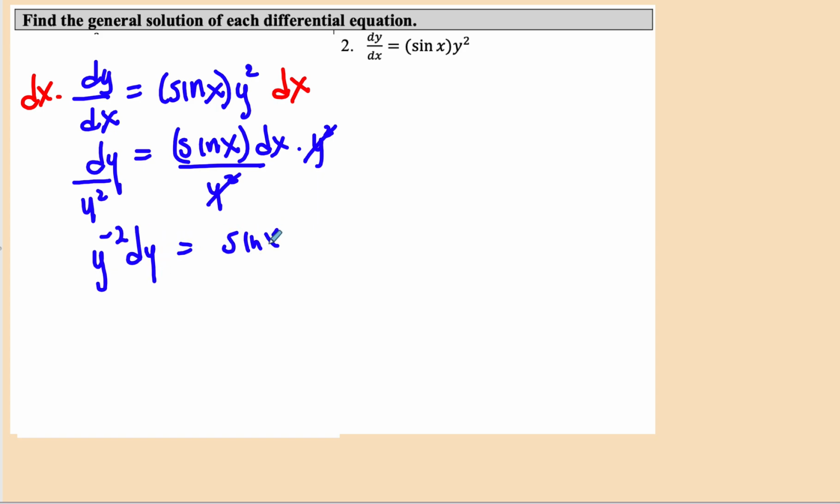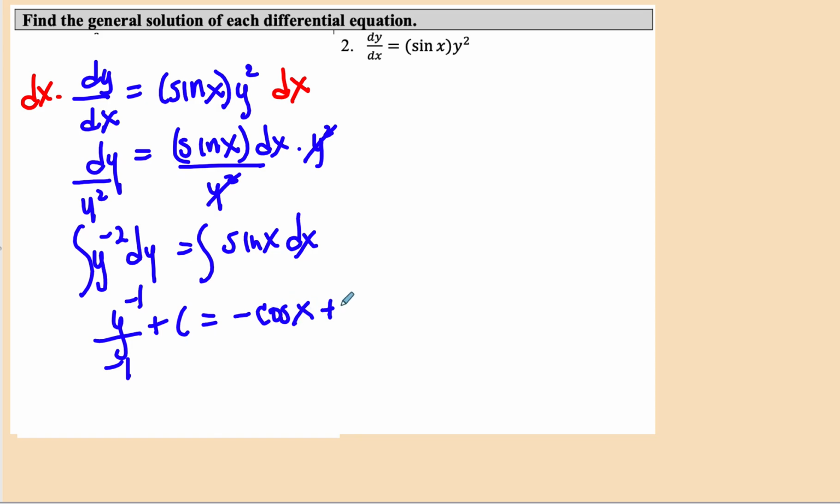sine of x dx. And I'm going to go ahead and integrate, and then this will be, remember, upper power, y to the -1 divided by -1 plus c. And then this will be negative cosine x plus another constant, so constant 1, constant 2.